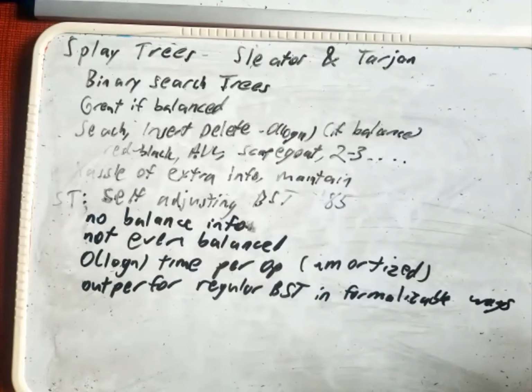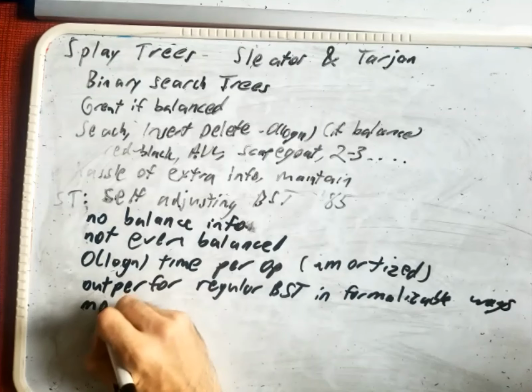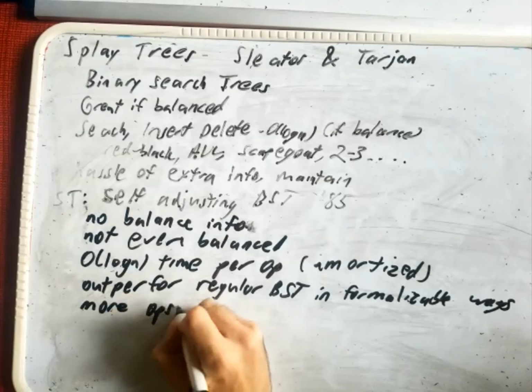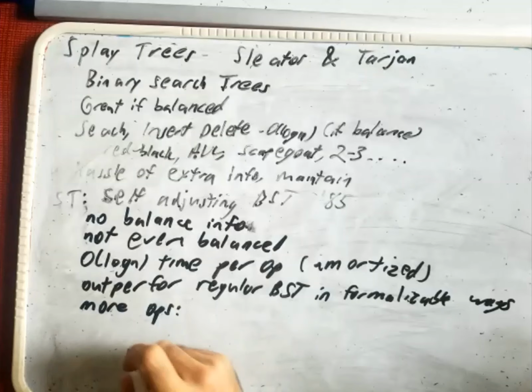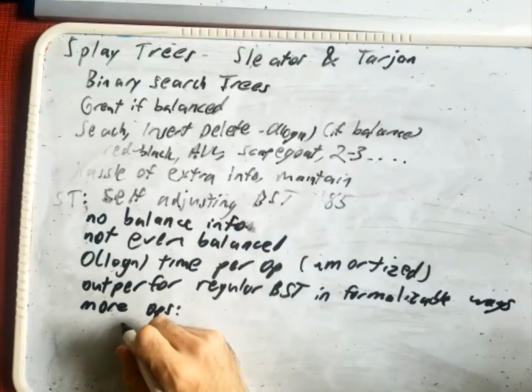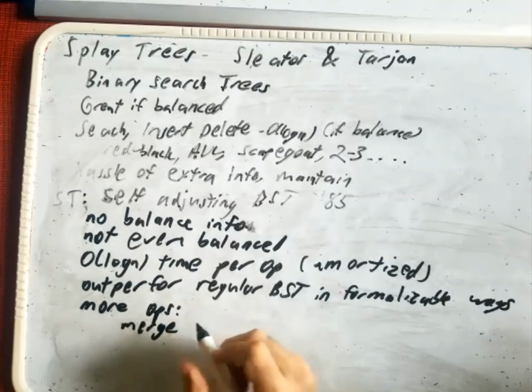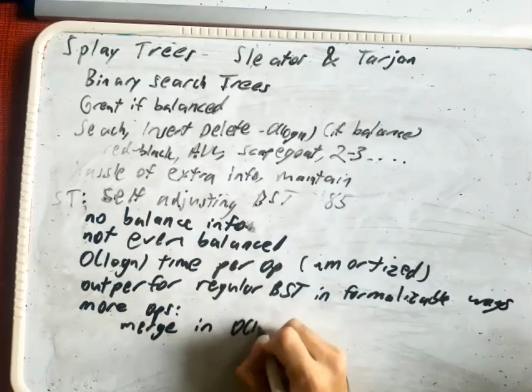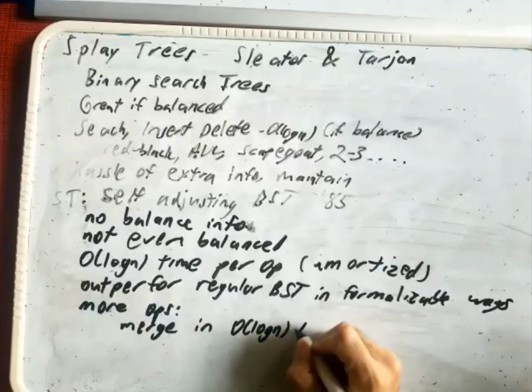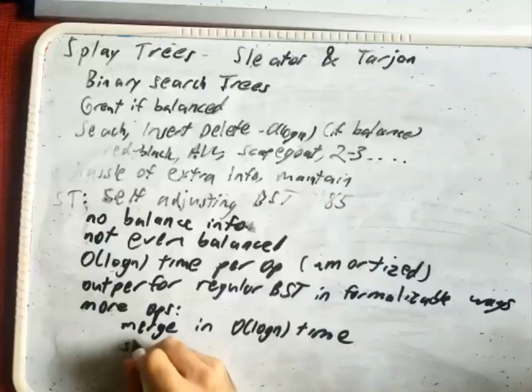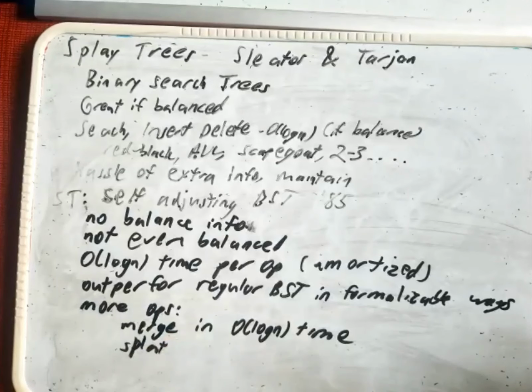Okay. It also has more operations than a regular binary search tree. You can merge 2 splay trees in order log n time, and also split them into 2.